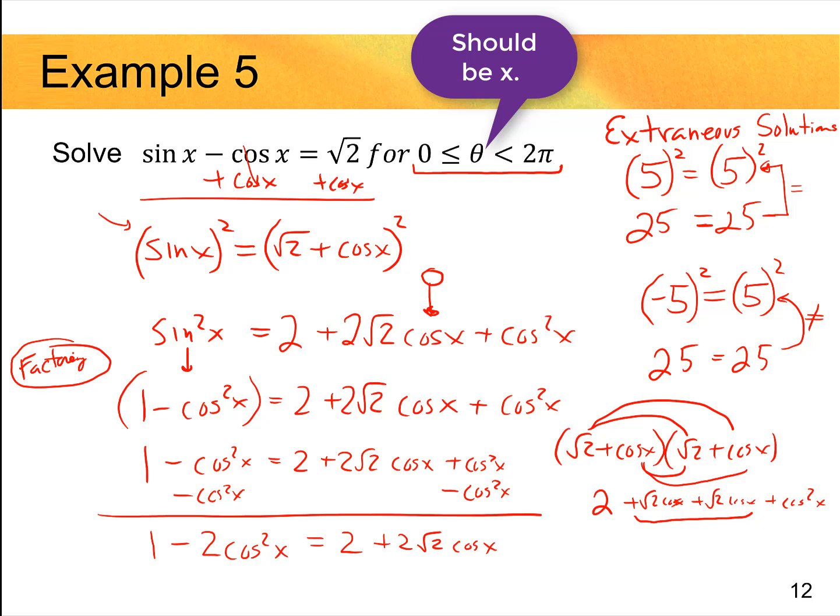I'm going to move the 2 over. That would make a -1. I'm running out of space here, so let me write it on the next slide. So 1 minus 2 makes a -1. I still have 2 cosine squared x, and on the other side I have this 2 radical 2 cosine x. So I'm going to move this over here.